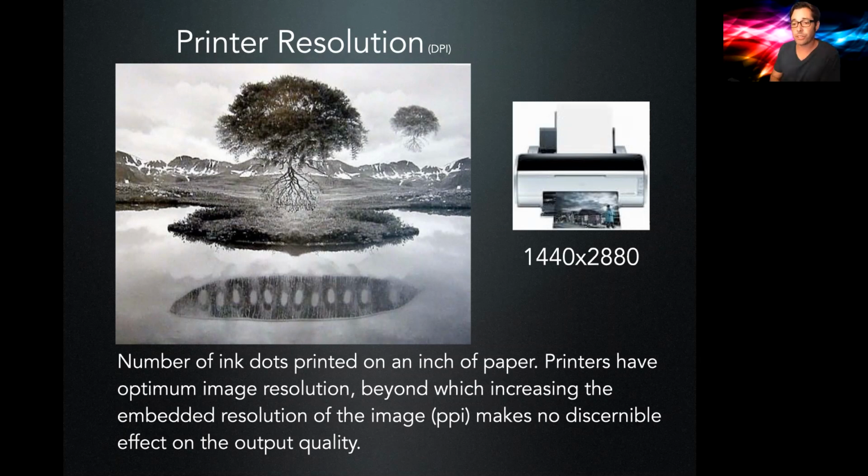So let's say, for example, you buy a printer in the store, you look at the specs, and it says it can print at 1600 DPI. That's the maximum that it can print. So if you decide to up-res your Photoshop file to something like 2600 DPI, it's going to make absolutely no difference, because 1600 DPI is the limit of what that printer is able to print.